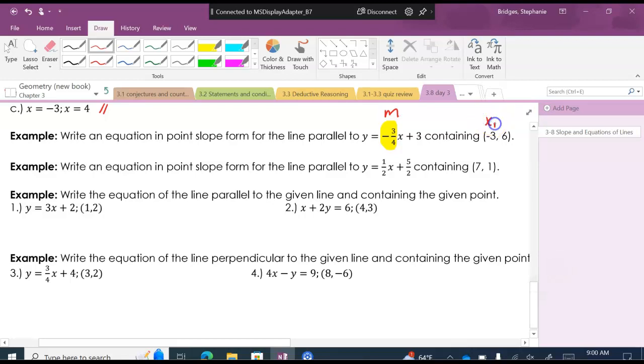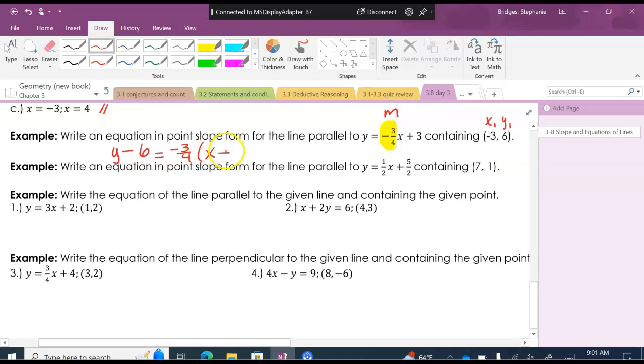So that is going to be my x1 and my y1. And then we are going to just plug it into our point-slope form. We plug in y1, m, and x1. This y and that x stay the same. So it is going to be y minus, what is my y1 value? 6. Equals what slope did I say I wanted to use? -3/4 times x minus, what's my x1? -3.